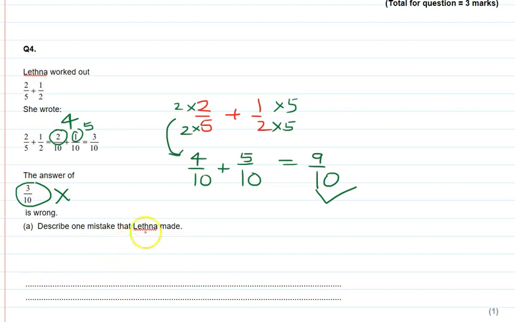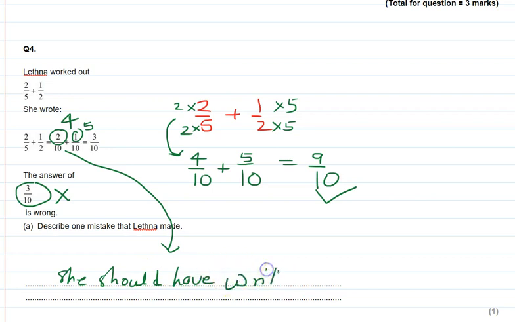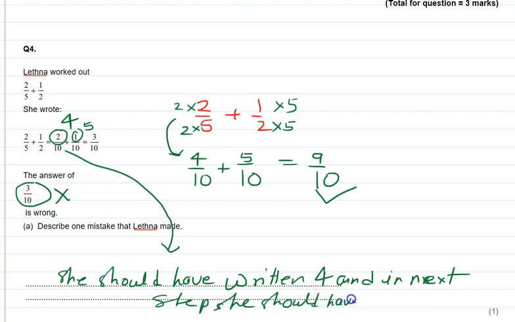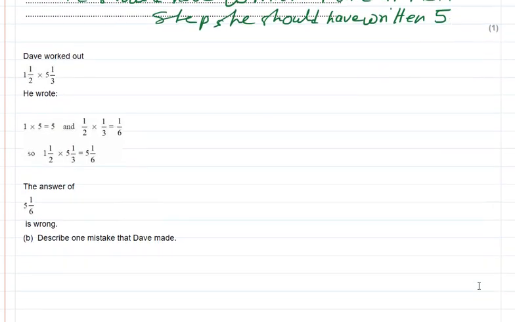So you can write here: in the first fraction she should have written 4, and in the next step she should have written 5. Okay, nice and easy.